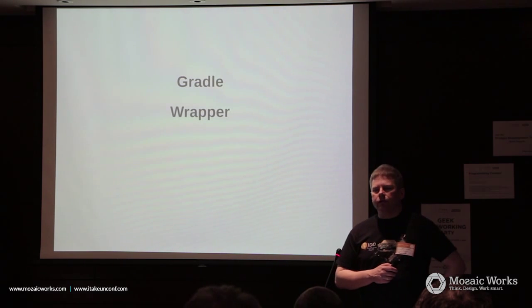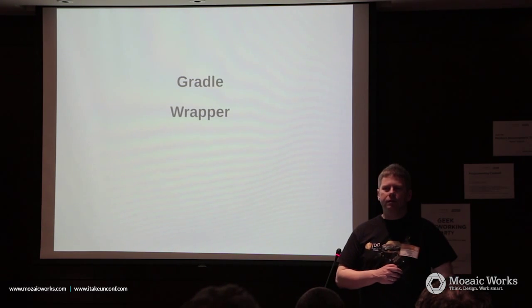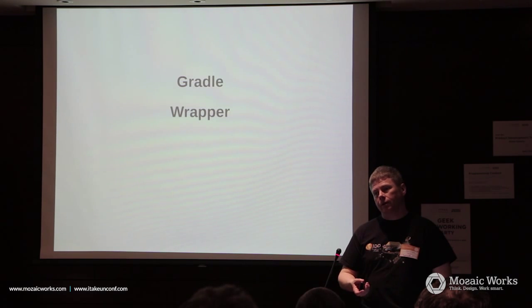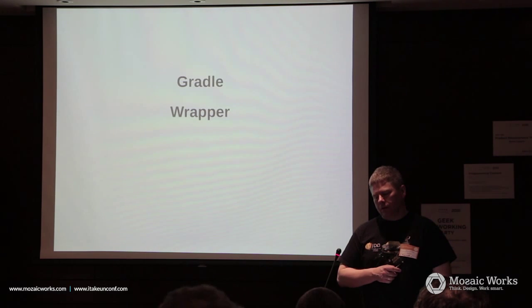Gradle has a great feature called wrapper. That means that I'm able to define in my build script which version it should use, and then all I have to do is generate this wrapper. I will get a jar file and run Gradle using a shell script that they provide. I will be able to run it anywhere where I haven't even installed it, because it will be downloaded and installed for you, which is fantastic.